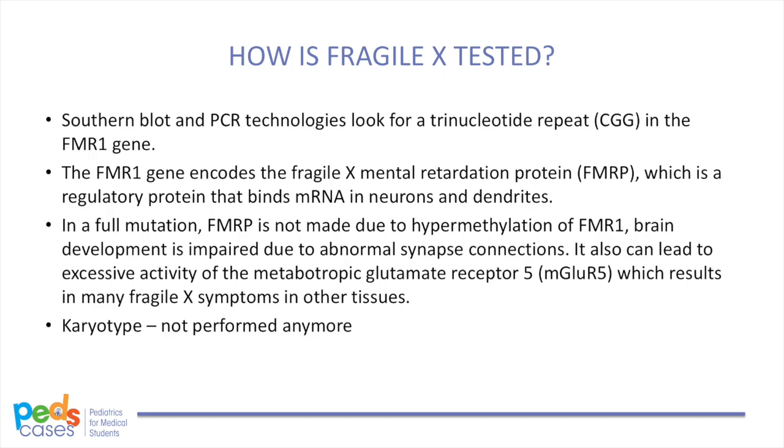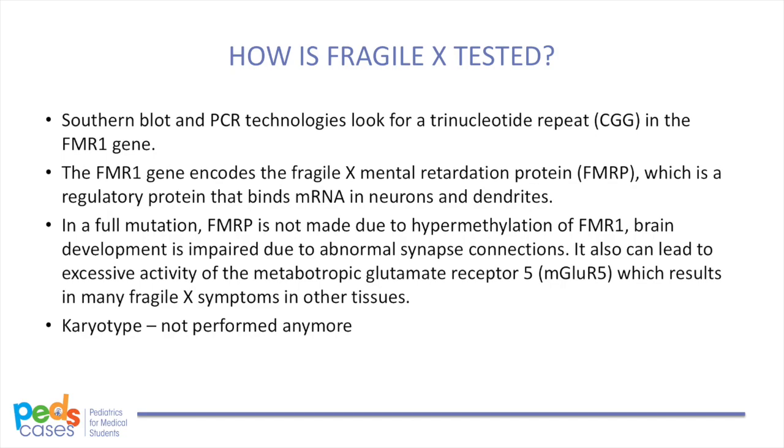The FMR1 gene encodes the Fragile X mental retardation protein, or FMRP, which is a regulatory protein that binds mRNA in neurons and dendrites. In a full mutation, FMRP is not made due to hypermethylation of FMR1.